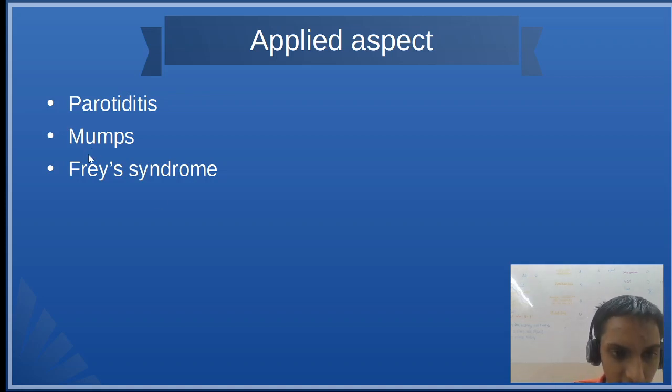And lastly, we have Frey syndrome. Frey syndrome is the lesion of the auriculotemporal nerve, causing increased redness and sweating. Remember this. First I want you to remember which nerve is lesioned, auriculotemporal. What are the clinical features? Redness and sweating in the face.